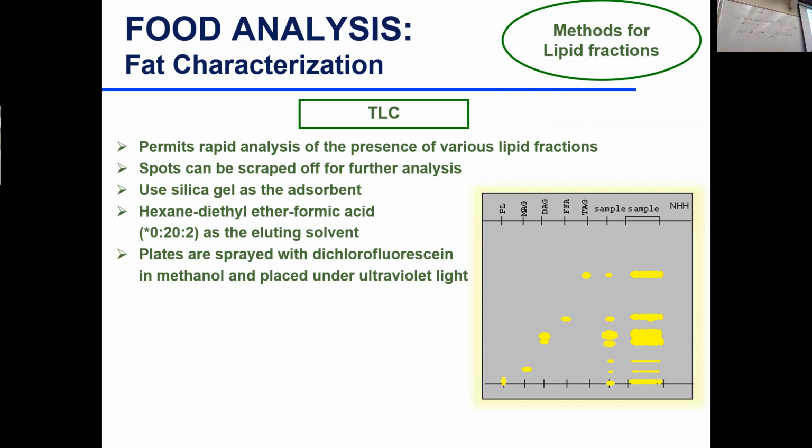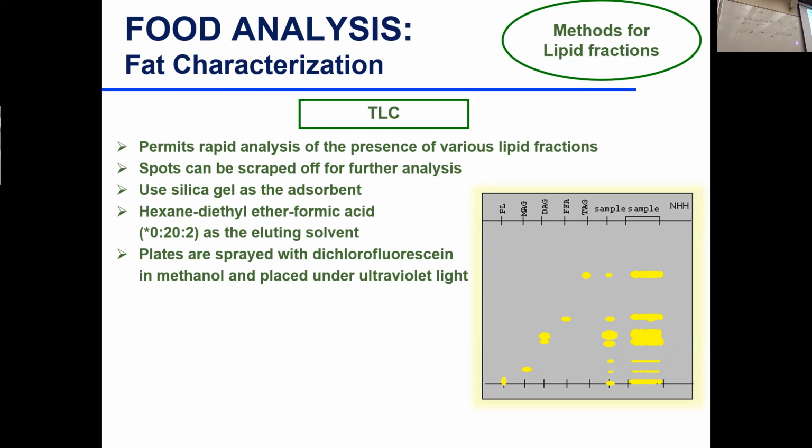So what you usually do is run standards. What you have here is phospholipids, monoacylglycerol, diacylglycerol, free fatty acid, and triacylglycerol. So you have those standards, you run your samples, and you determine what your sample has.